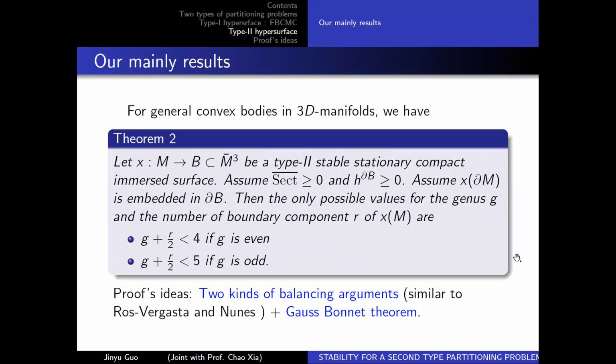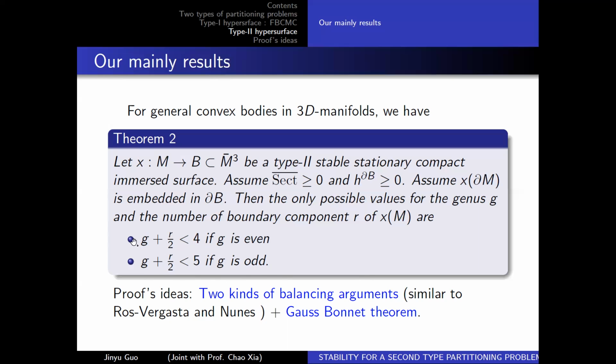For general convex body in three-dimensional manifolds, we have theorem 2. Let X be a type 2 stable stationary compact immersed surface, and assume the sectional curvature of M bar is non-negative and the second fundamental form of boundary B is non-negative, and assume boundary M is embedded in boundary B. Then G plus R over 2 is smaller than 4 if G is even, and G plus R over 2 is smaller than 5 if G is odd.